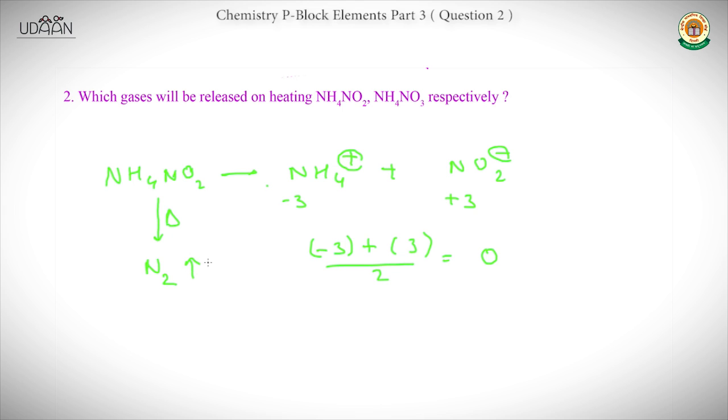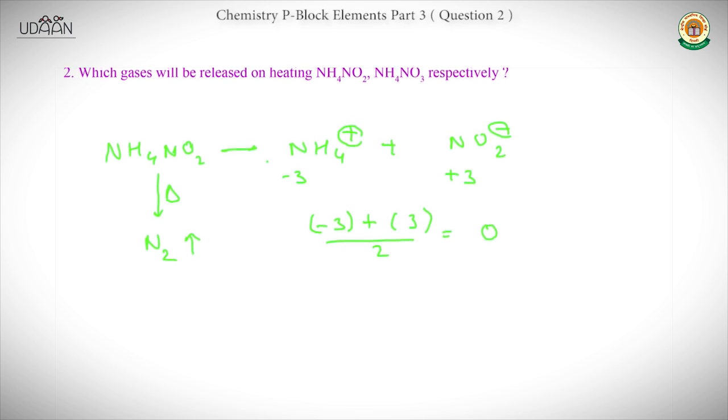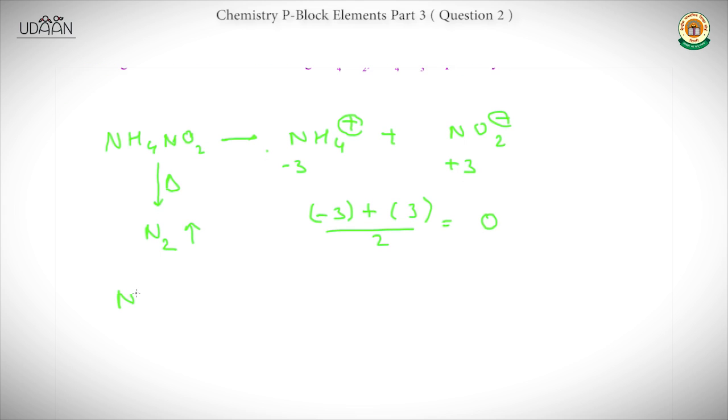So N2 will be the gaseous product released. Now we see the next one, when ammonium nitrate is heated, what will be the product? Again it will break into NH4 plus and NO3 minus. Here the oxidation state of nitrogen will be -3, and here it will be +5.